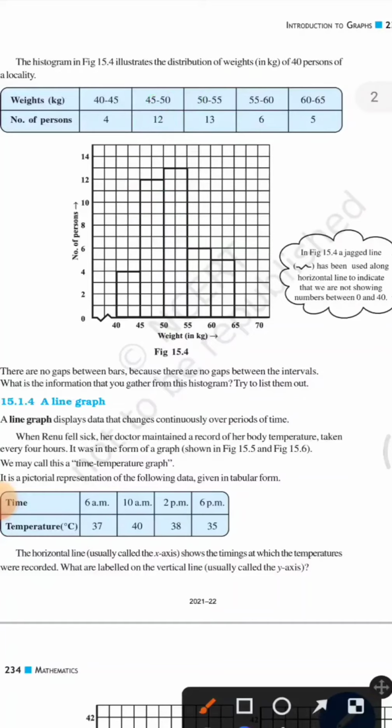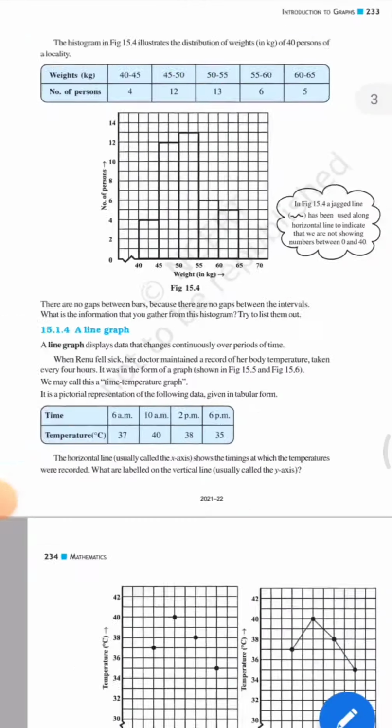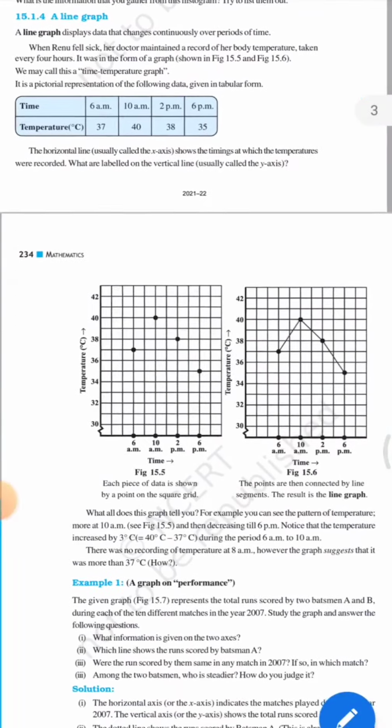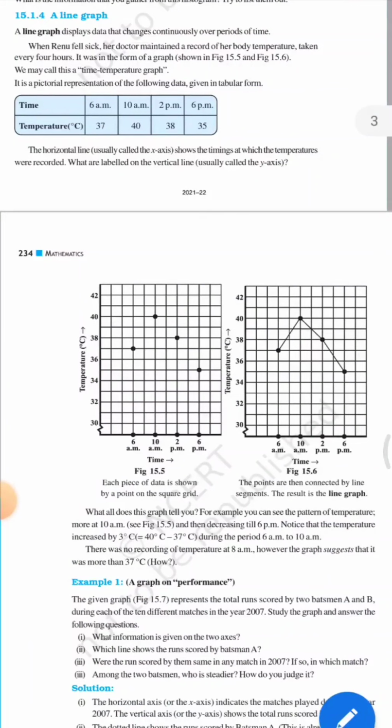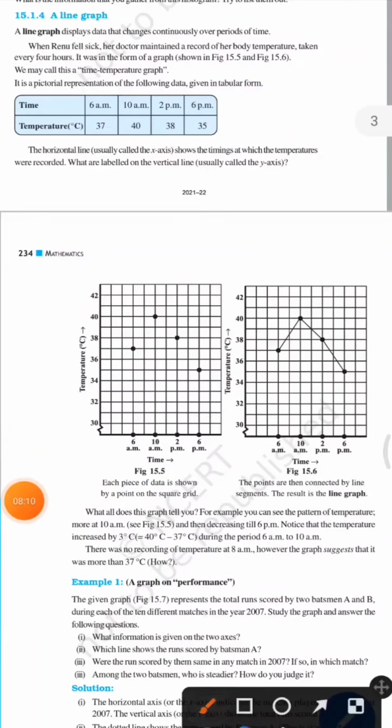Now the next topic is the line graph. See here what a line graph is. Look carefully: the data shows time 6 am, 10 am, 2 pm and 6 pm, and the temperatures according to time are 37, 40, 38, 35.